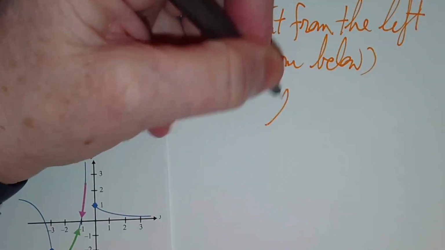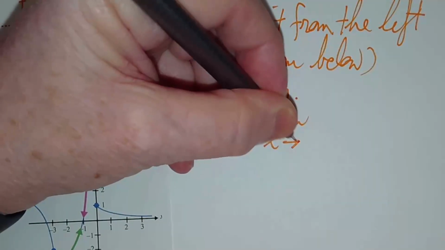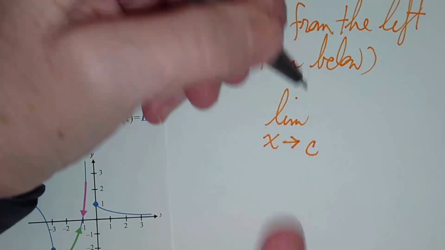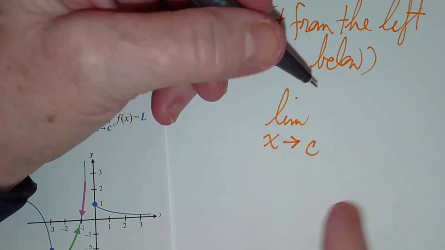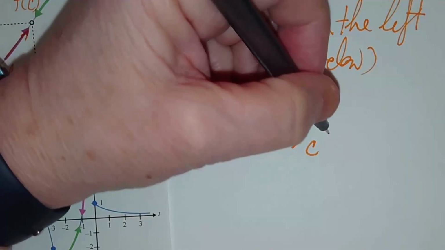So I've got the limit as x approaches c, and then we're going to put something that looks like an exponent, but it is not an exponent.